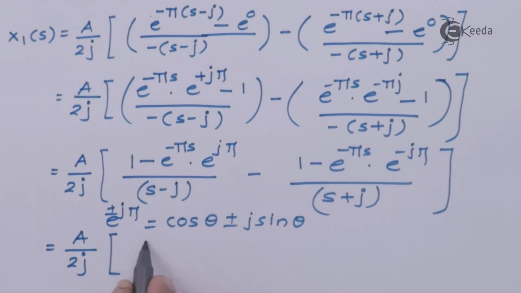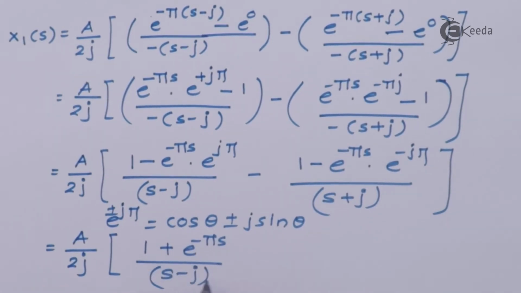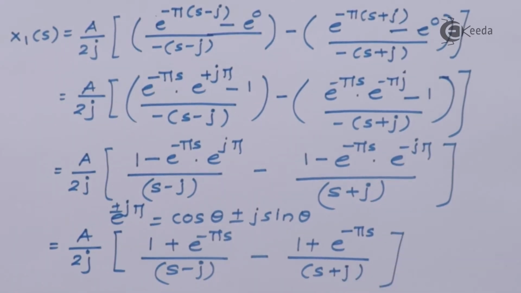So what you will get? 1 plus e to the power minus pi s whole divided by s minus j, minus 1 minus e to the power minus pi s whole divided by s plus j. Now my suggestion is just simply multiply denominators with the numerator, or you can say just do the cross multiplications.